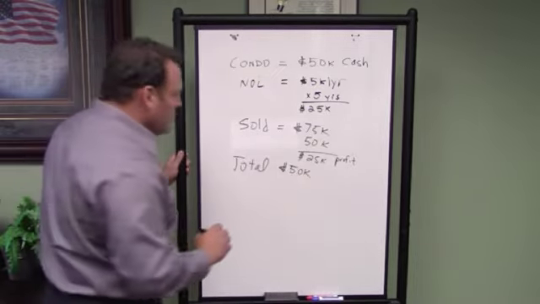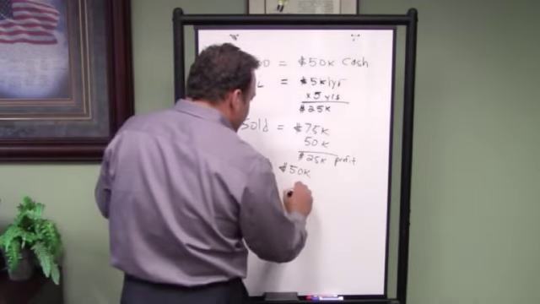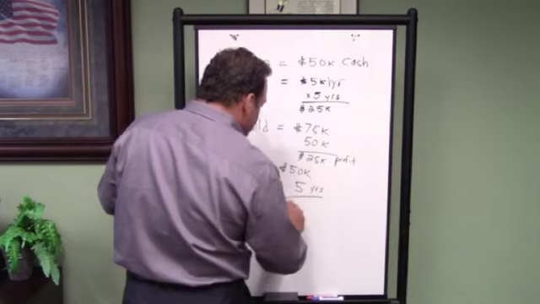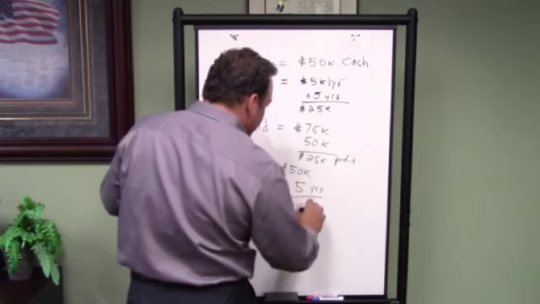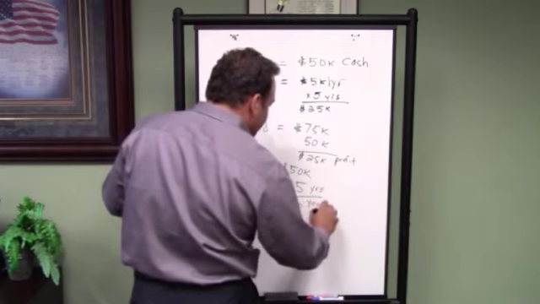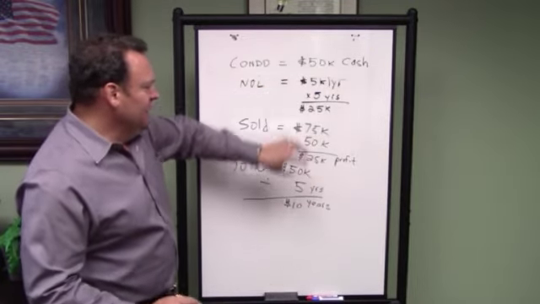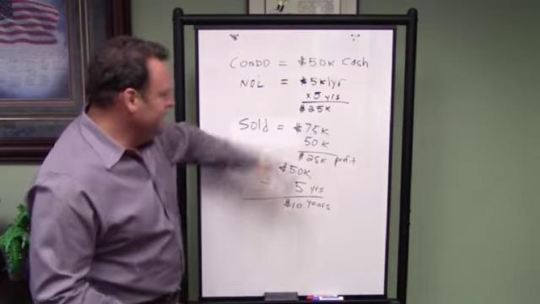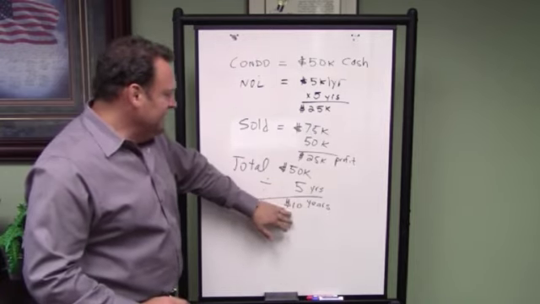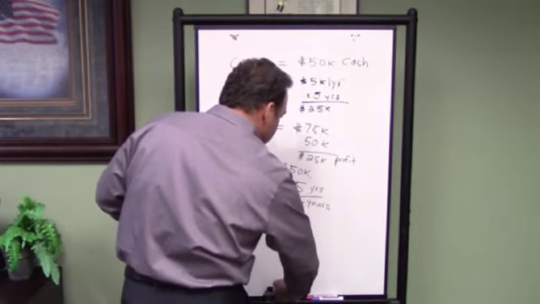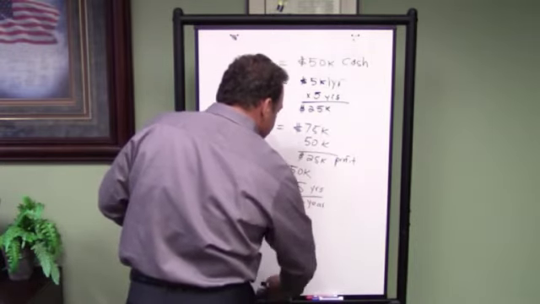Okay? Now, if we divide that by the 5 years, what did we get? We got $10,000 a year on average over the life of the investment. So even though we got $5,000 in income, if you add in the profit at the end and then divide it back, we actually made $10,000 per year over 5 years.